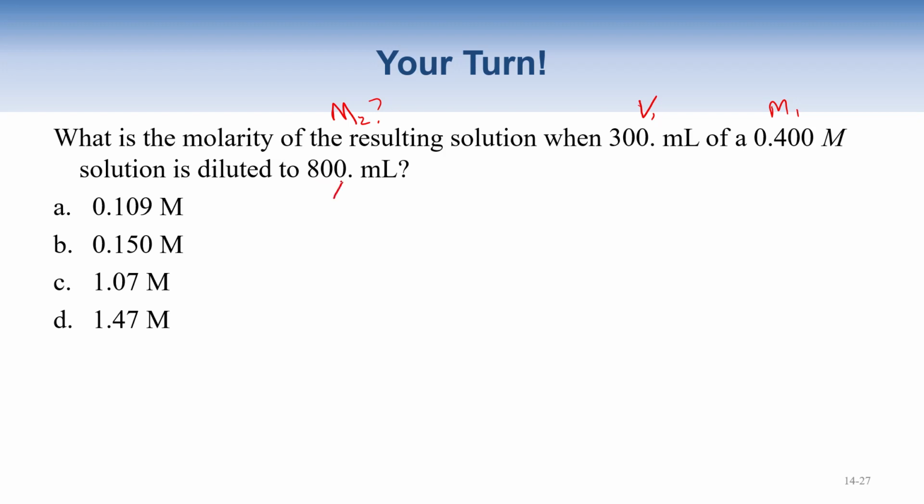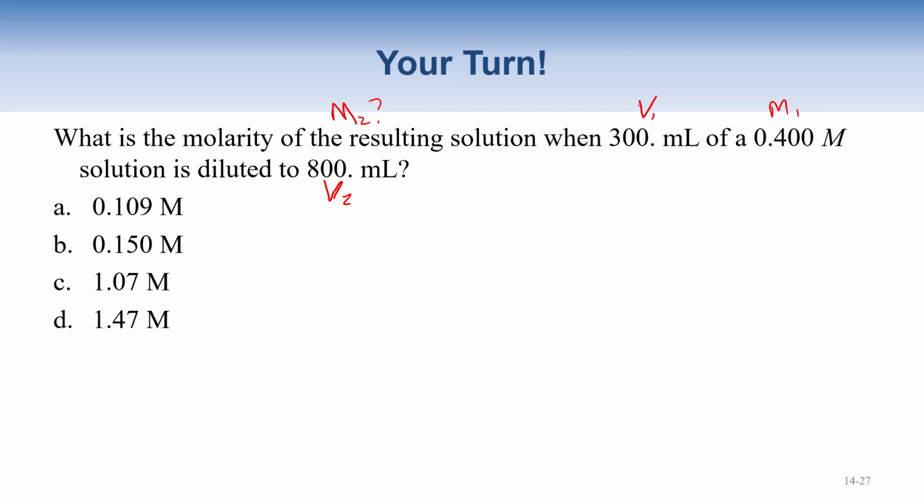This is our V2. So you have to read the cues from the problem to figure out what our numbers are. So when we started with 300 mils of a 0.4 molar solution, and we diluted it by adding a bunch of water, so now that is 800 mils, what is the resulting molarity?